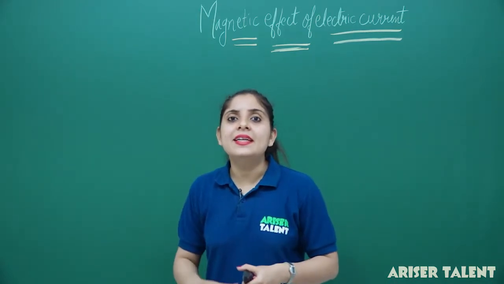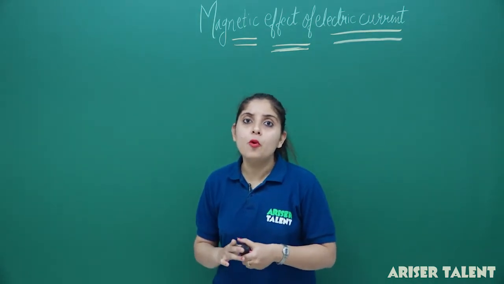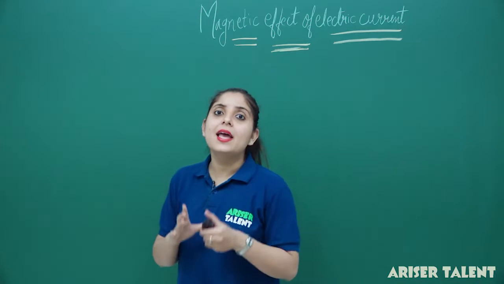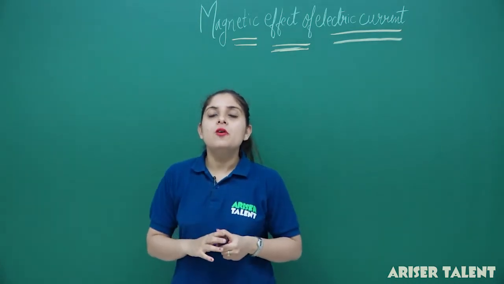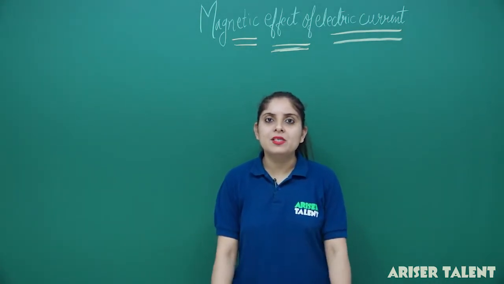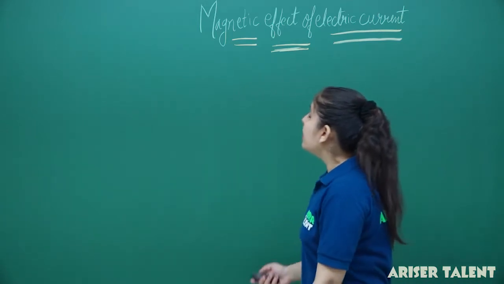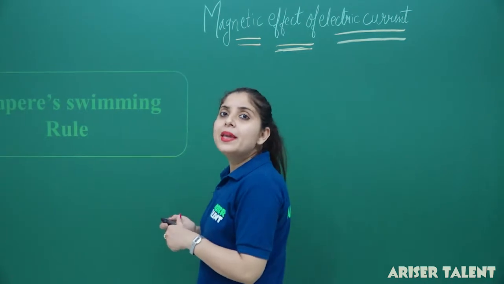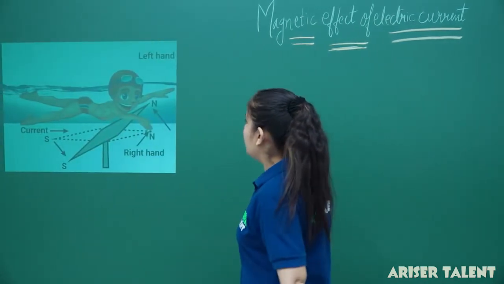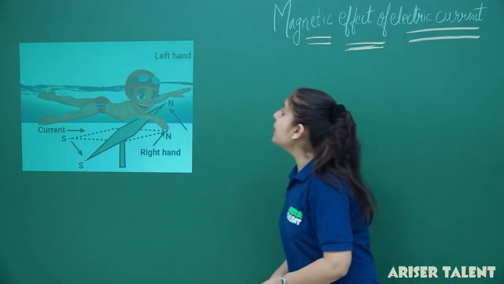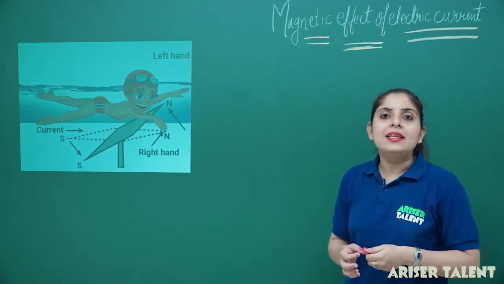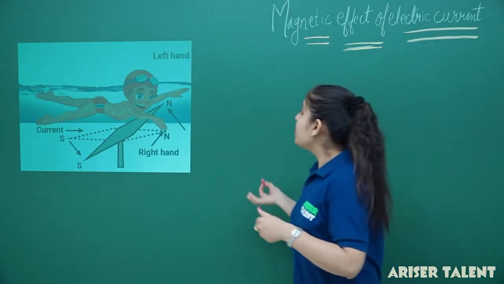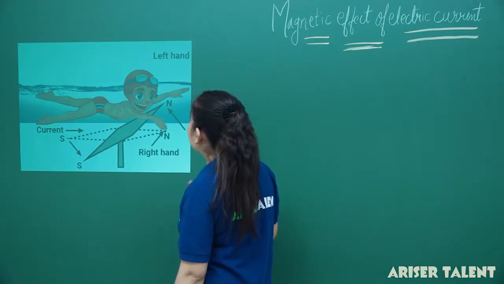Now in this category we also have one more rule that is known as Ampere's swimming rule. Let us look at the diagram here. This will be our basic Ampere swimming rule. Let us understand the strategy for this diagram.